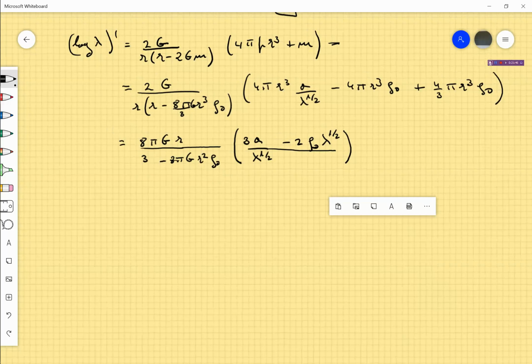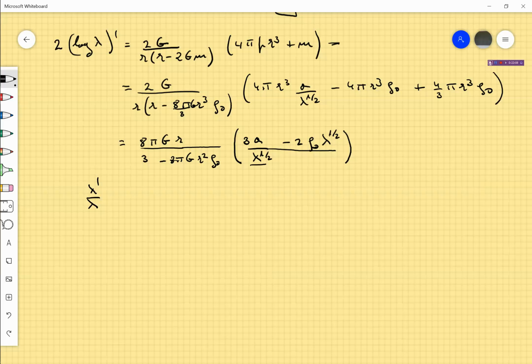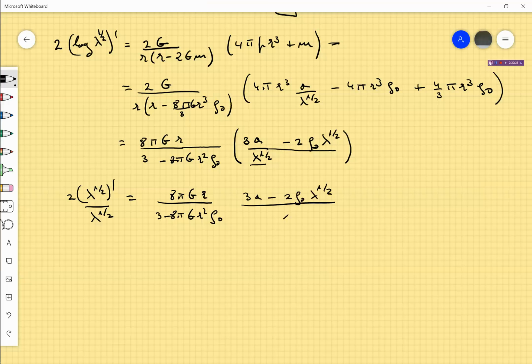Now the left hand side is lambda prime divided by lambda, but since we have lambda 1/2 here, and it is probably the variable that will be used to integrate, then we can really multiply this by 2 and take the square root, and we have 2 times lambda 1/2 prime divided by lambda 1/2 equal to 8 pi g r over 3 minus 8 pi g r squared rho 0, and here 3a minus 2 rho 0 lambda 1/2, and everything divided by lambda 1/2.